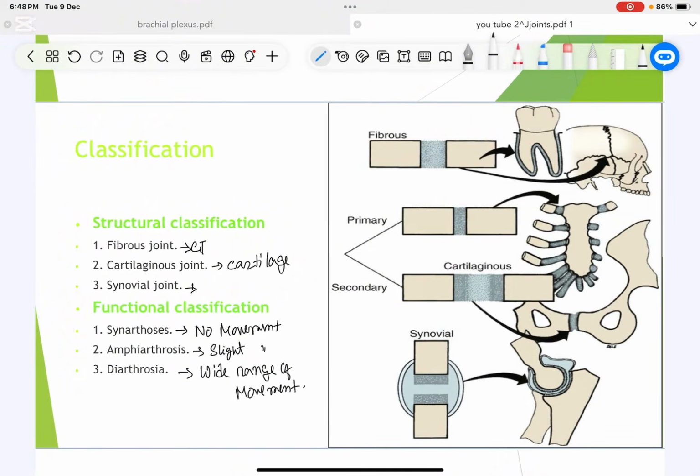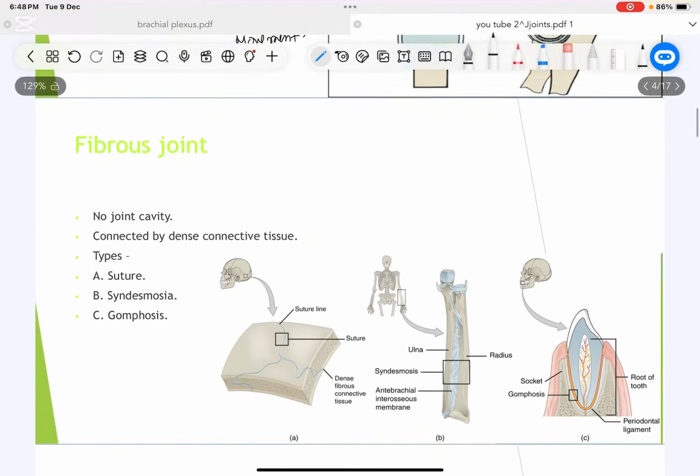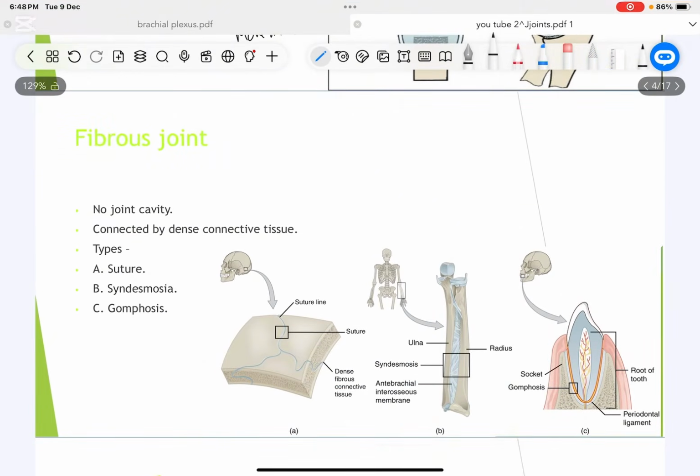These are the classifications. Let's dig deeper into the joints.